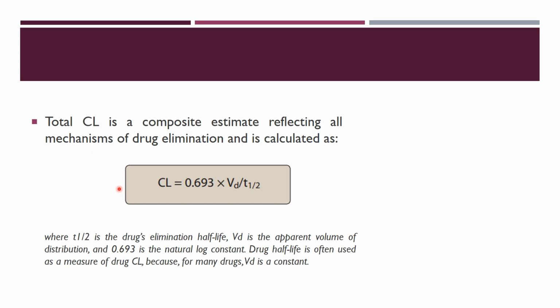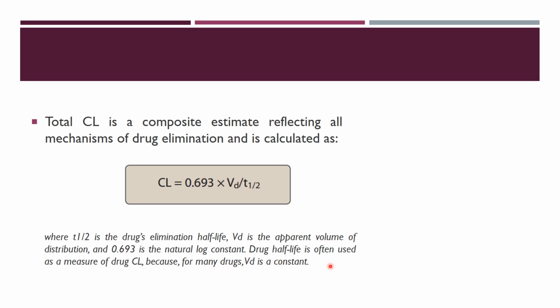Total clearance is a composite estimate reflecting all mechanisms of drug elimination and is calculated as clearance is equal to 0.693 times Vd divided by half-life, where T1/2 is the drug's elimination half-life, Vd is the apparent volume of distribution, and 0.693 is the natural log constant.